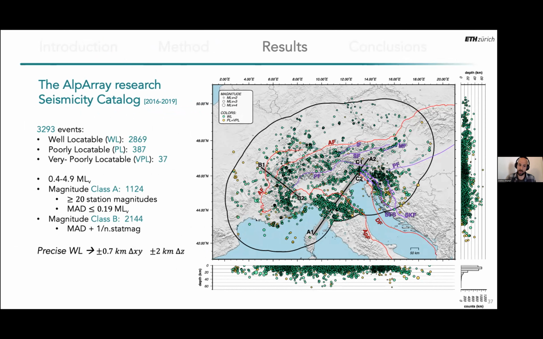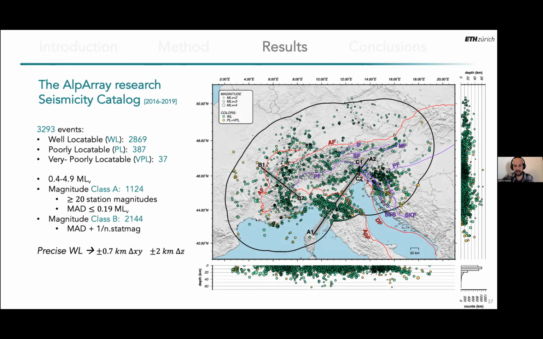Most of them are actually well-locatable events, and show local magnitudes that span 0.4 to almost 5.